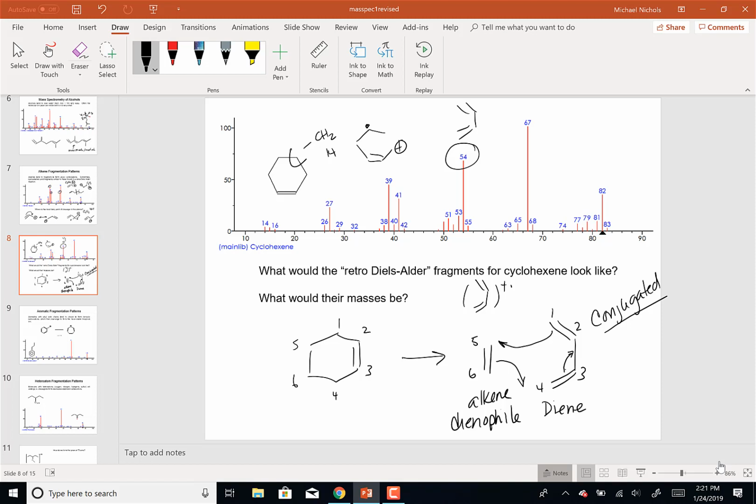If I lose that hydrogen atom, I've now lost a grand total of 15, and now these two radicals could pair up so that the fragment could look something like this.